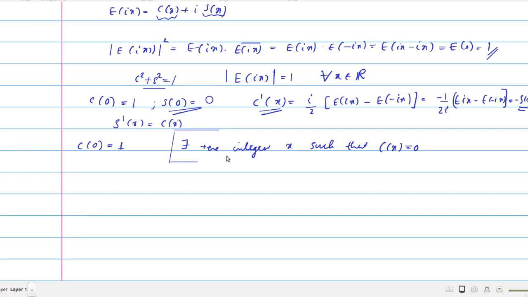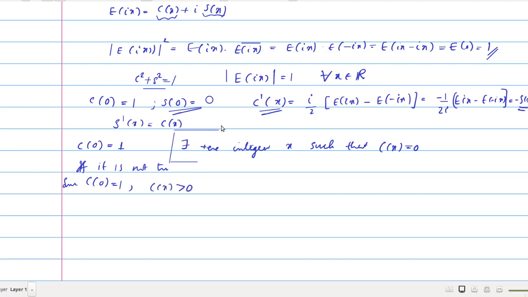That is because if it is not true, then c of 0 equal to 1, that means for the contrary, if it is not true, it follows that c of x is always greater than 0.